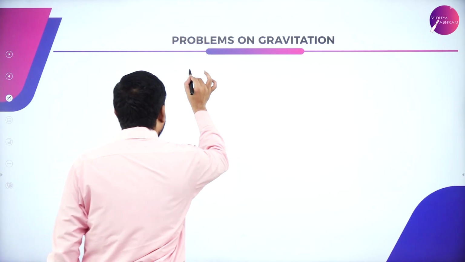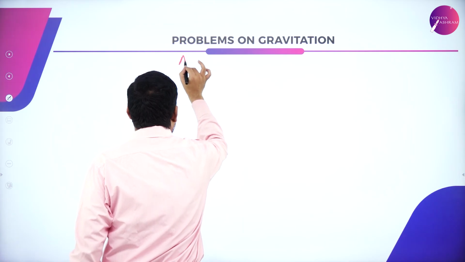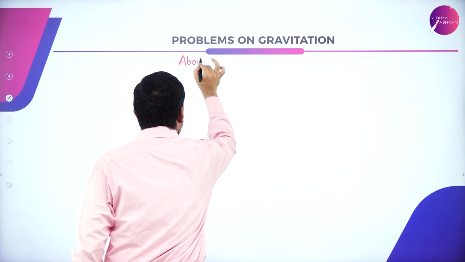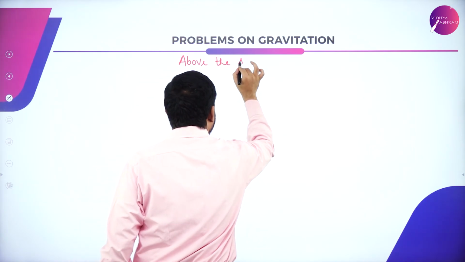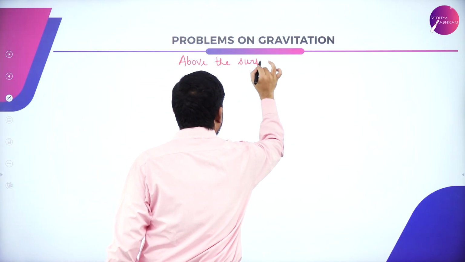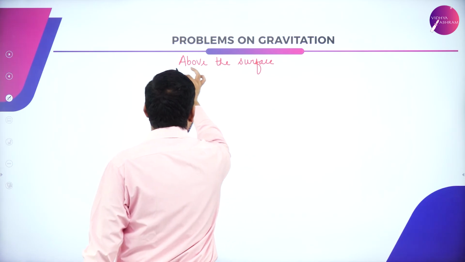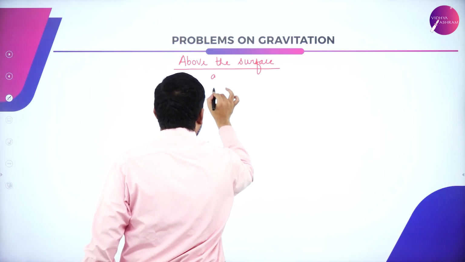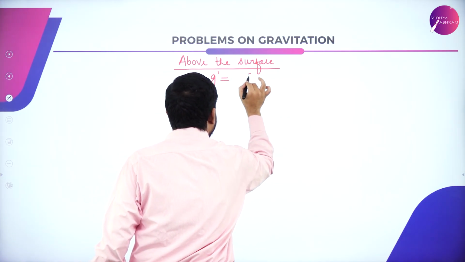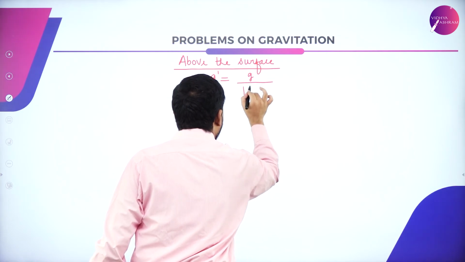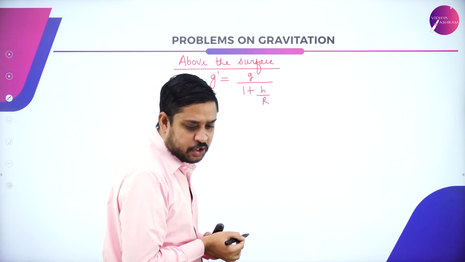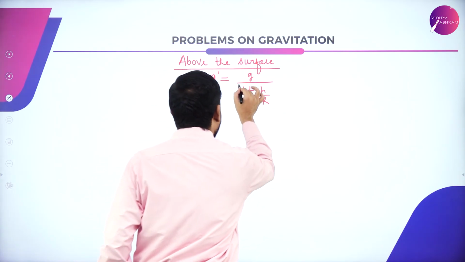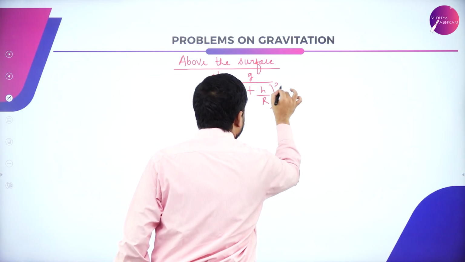Here, again, above the surface, I will use the expression g dash is g divided by 1 plus h divided by R the whole square.